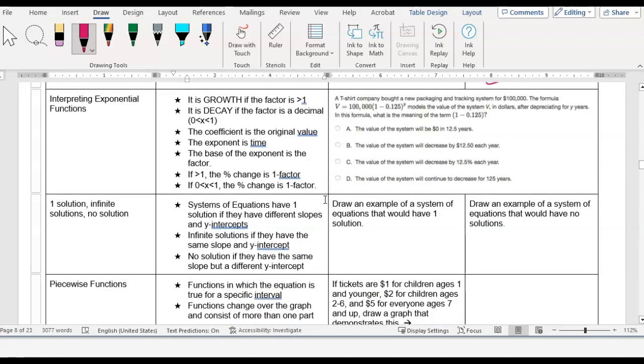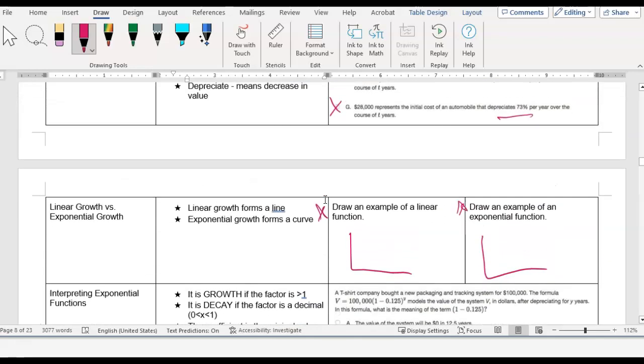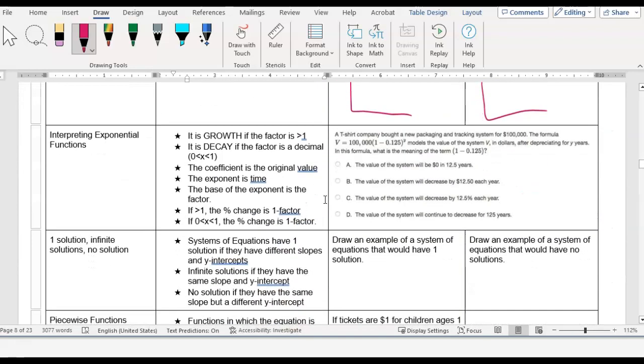Interpreting exponential functions. So a t-shirt company bought, this is very similar to the one up above where we're just interpreting this. So a t-shirt company bought a new packaging and tracking system for $100,000. The formula is $100,000 times 1 minus that percent to the power of y. In the formula, what is the meaning of the term 1 minus 0.125?